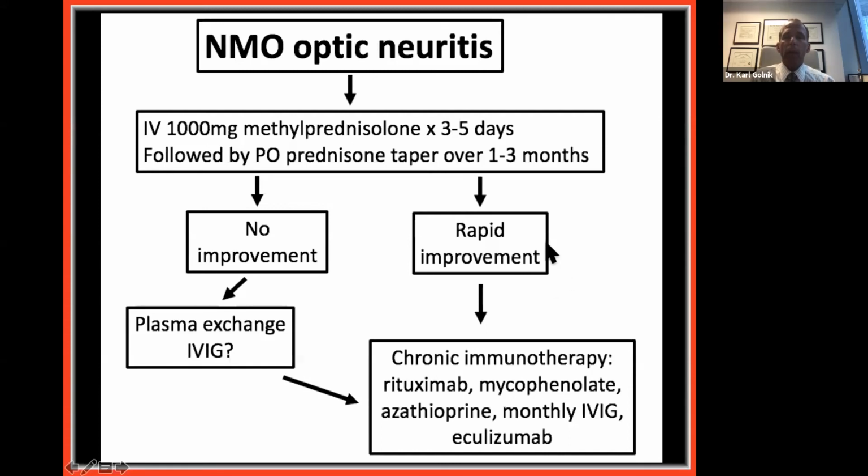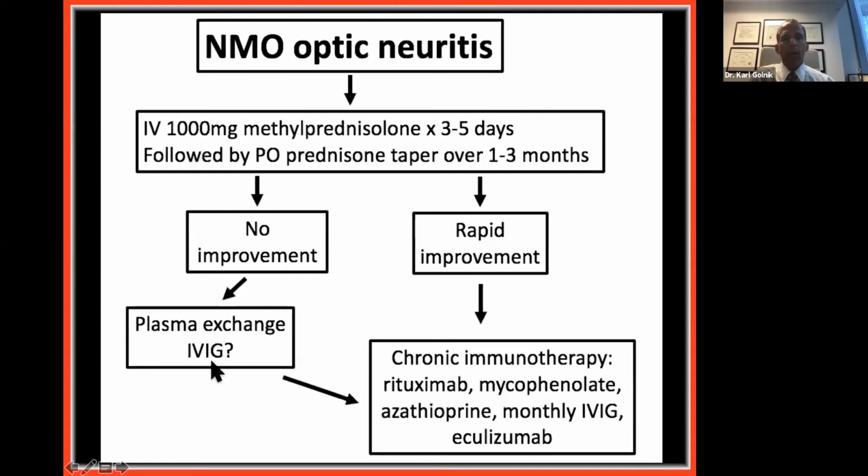These patients are going to get treated. If you have a definitive diagnosis, they're going to get treated with chronic immunotherapy, any of the medications that I list below. Eculizumab, in the US at least, is the only treatment approved by the FDA for NMO, although the other things I mentioned here are all used. However, and here's the difference in treatment from other forms of optic neuritis, if there's no rapid improvement within the first few days, so if they're done with their intravenous steroids and they still have terrible vision, then we personally usually use plasma exchange, plasmapheresis.